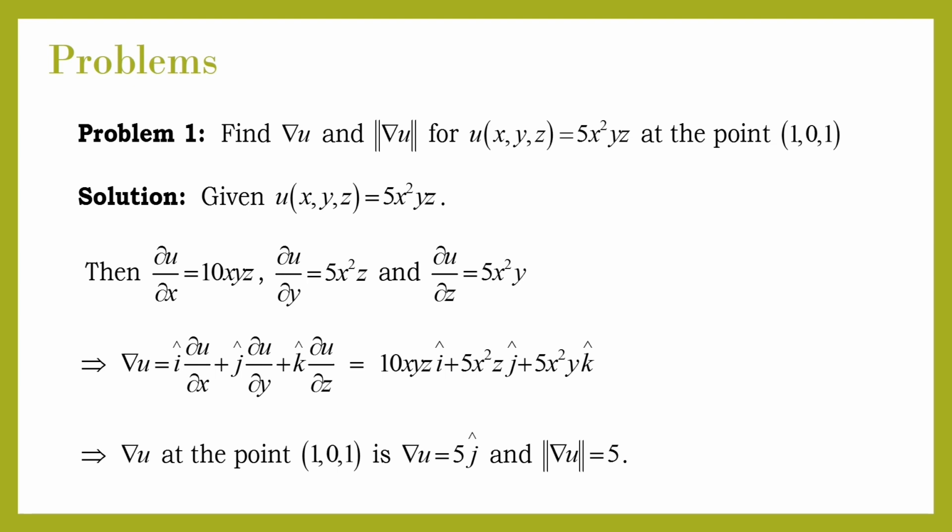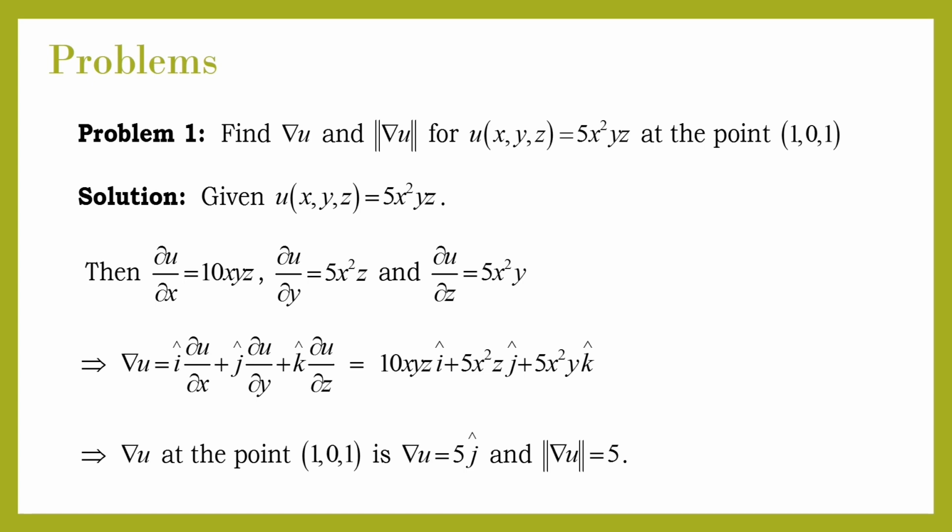Dou u by dou x of this u equals 10xyz. Dou u by dou y equals 5x square z and dou u by dou z equals 5x square y.